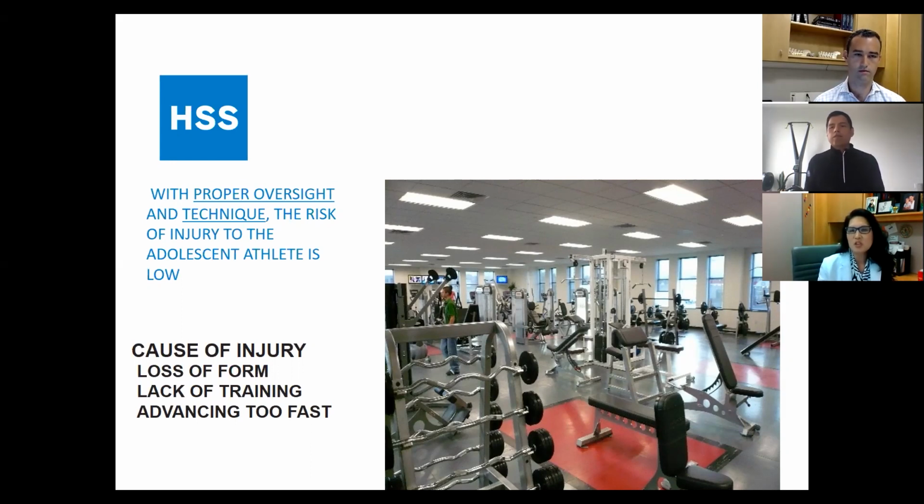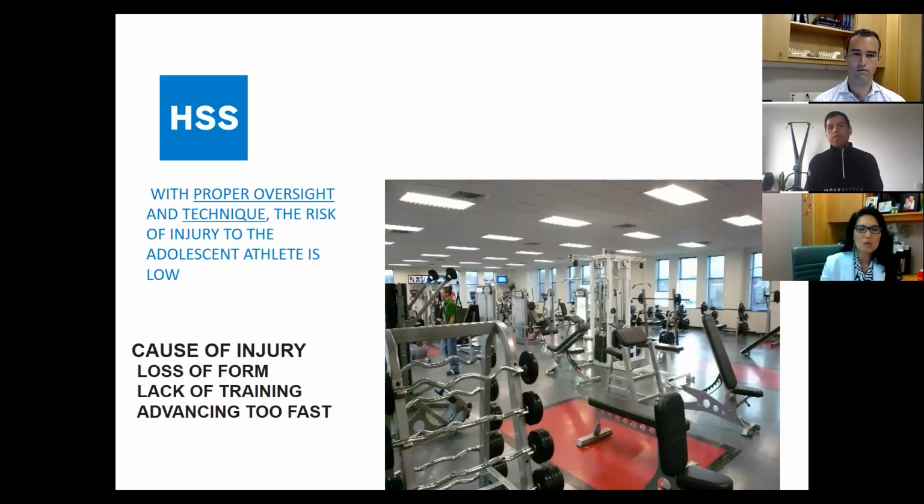You have the Nautilus type equipment with the handlebars, which are fixed equipment. There's the free weights, and they all have their uses and they all have their benefits. But the most important thing really is to know how to use the exercises effectively.